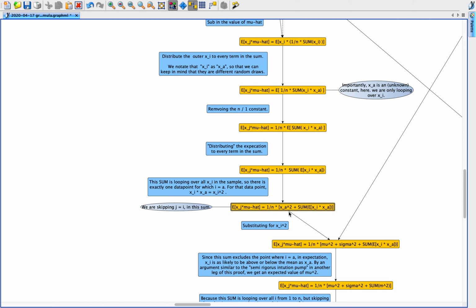So that particular random draw. Note that we don't know what xa is, and it could be anything. We're just talking about the structure here without talking about how the values are filled. And notably, we're skipping i equals a in this sum, because it's covered in this case. All right, the question is, do I need an expectation there? I think I do need an expectation.